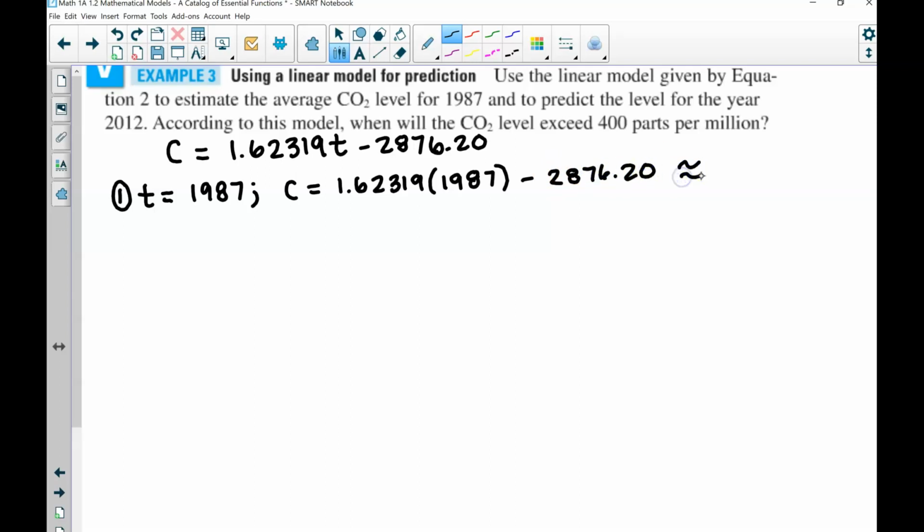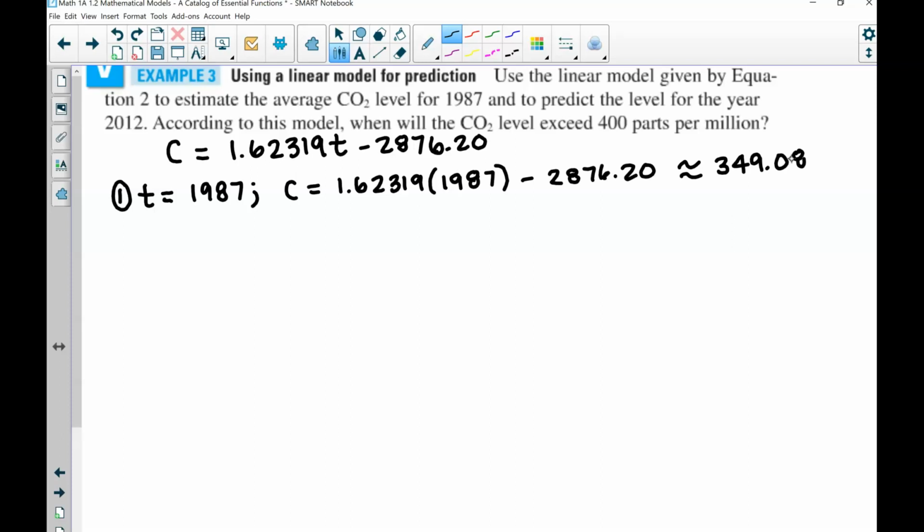Then we'll approximately get 349.08 of carbon dioxide level. Now, this is an example of interpolation because we've estimated values that were between the observed values, which means that the year 1987 is in between 1980 and 2005.